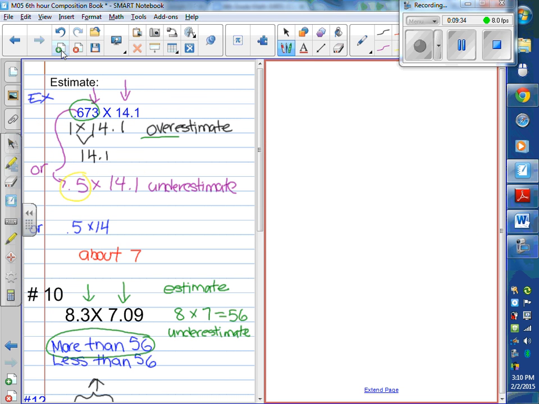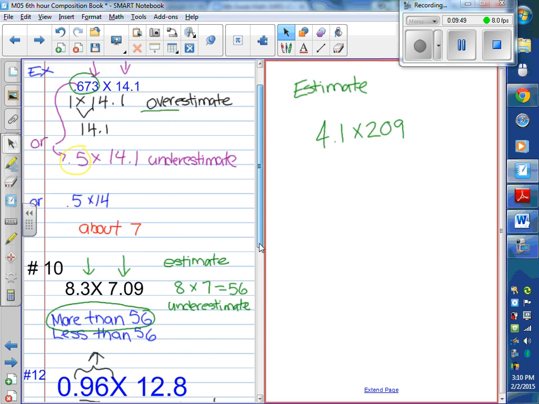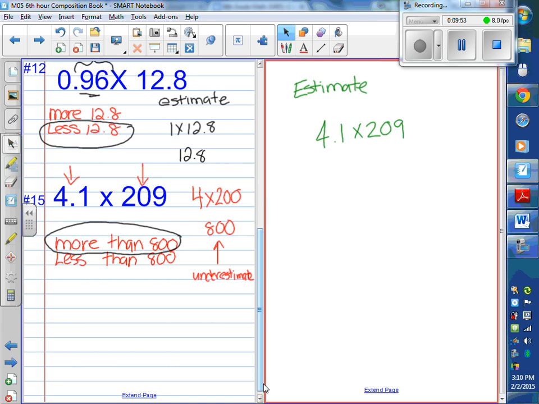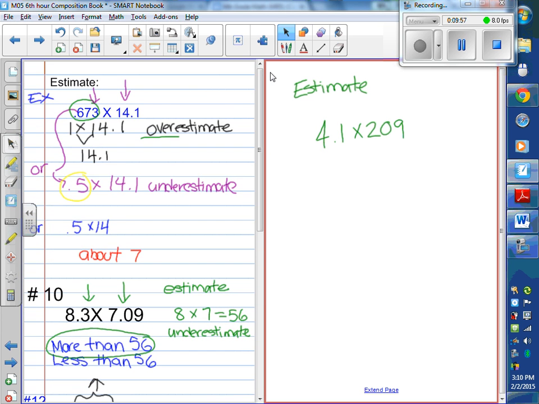If I just said estimate, and I said 4.1 times 209, okay? And I didn't ask you anything else. I didn't ask you if it was more or less than a number. It's more like the first thing I did was just give me an estimate, like we did in the beginning.